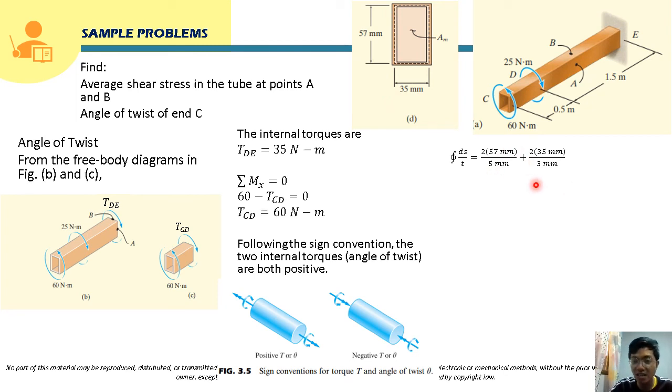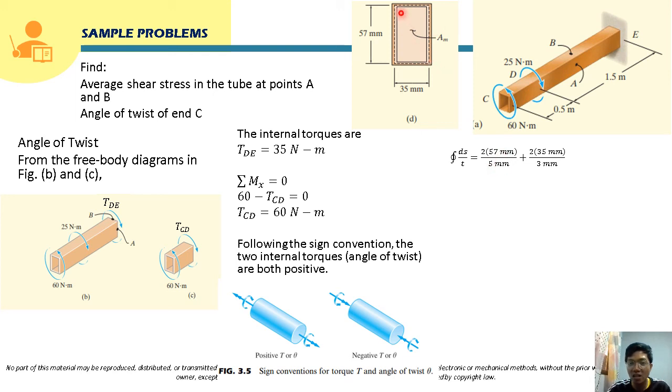In this case, for this middle line, this is 57 millimeter, and this is also 57 millimeter here. Their corresponding thickness is 5 millimeter. They are both 5 millimeter, the thickness.